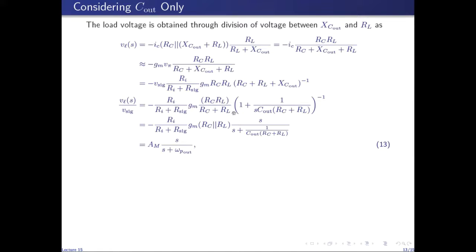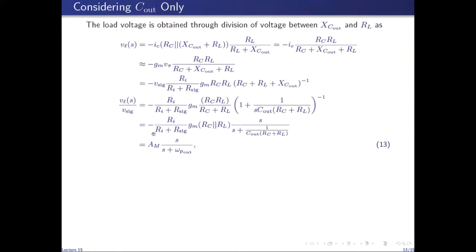So this becomes equal to the parallel combination of RC and RL, and then I solve the term within the parentheses by taking the LCM, because XC out is 1 over s C out. I can take the inverse later on, and then I can divide the numerator and denominator by C out times RC plus RL. So I'll be left with this factor here.